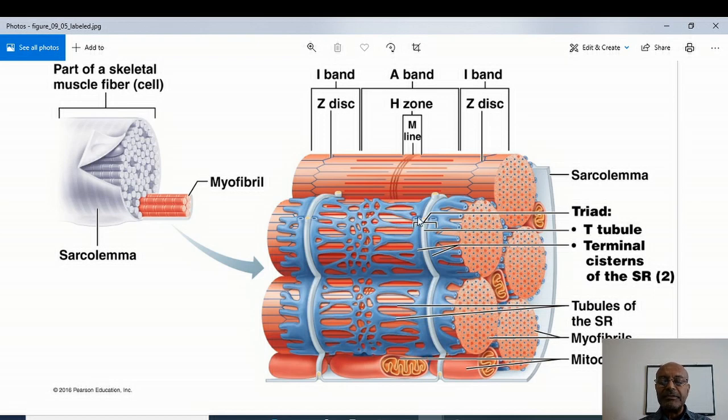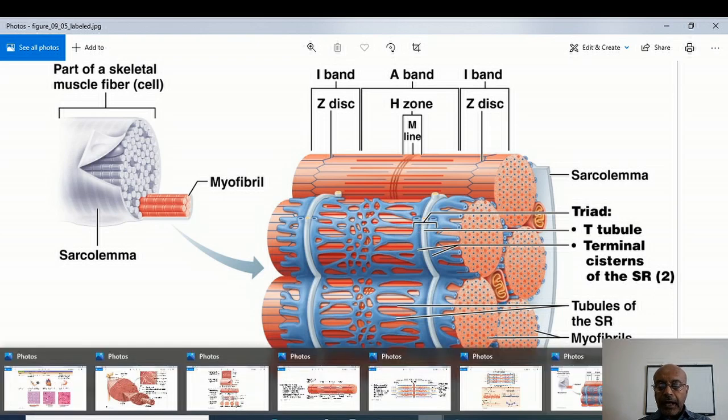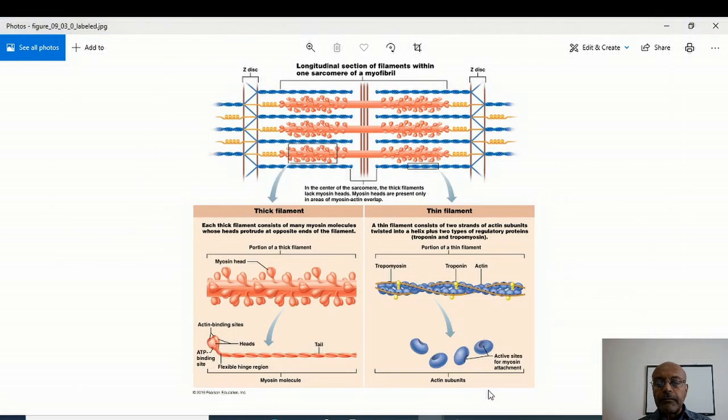Why does calcium need to be released? Because you remember earlier I showed you calcium needs to be attached on the cover of the, you remember here, the troponin tropomyosin, for it to move and expose the active site on the thin myofilament.